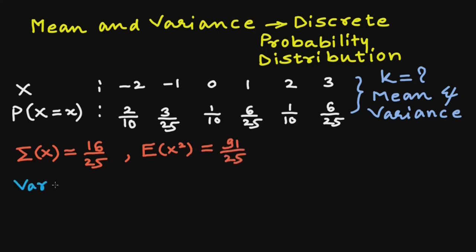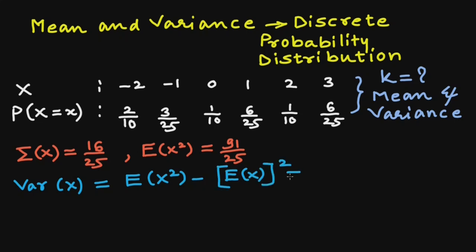We have variance x equals expectation of x square minus square of expectation of x. So that will be 91 upon 25 minus 16 upon 25 whole square, which is 256 upon 625.